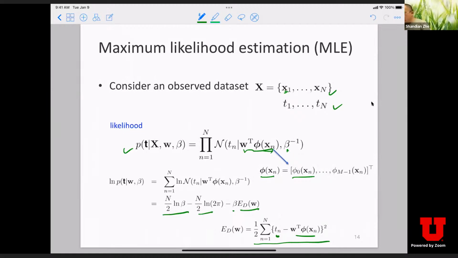We didn't use y because y here is the prediction you make, but for observation, you always assume there's some random noise. Another question regarding the notation? Is everyone clear? Okay, great.